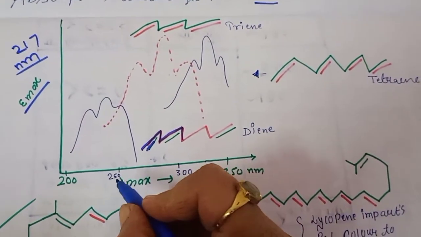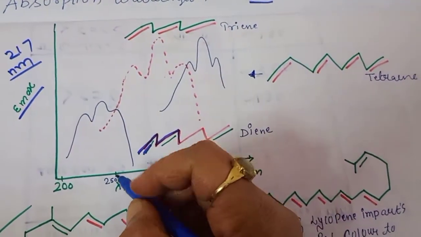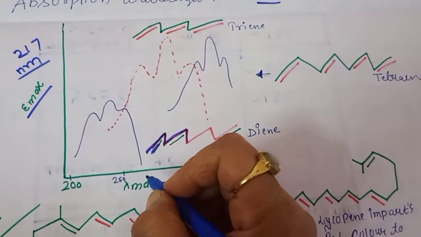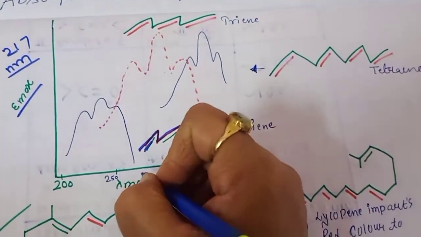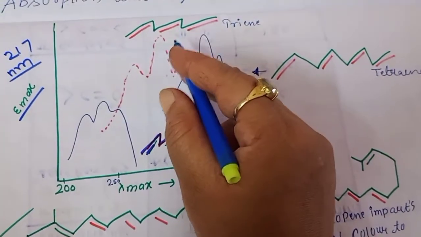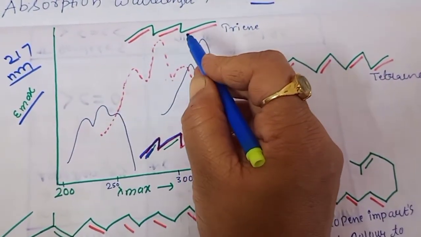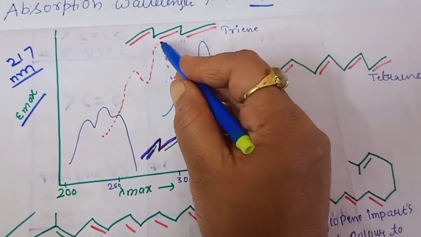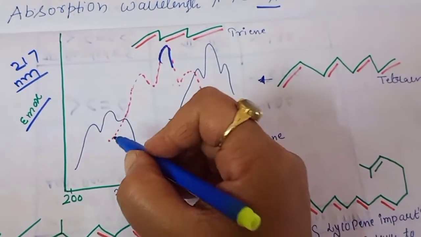The value will increase from 217 for the two double bonds, and we will add plus 30, as we will discuss in the Woodward-Fieser rules. For one double bond in conjugation, the value will increase, and we will have a higher value than for the diene.